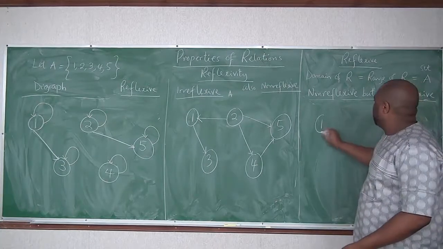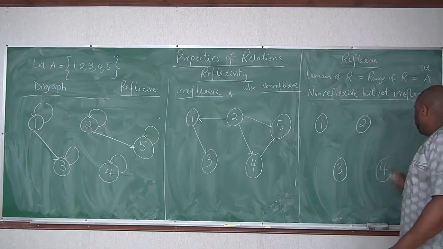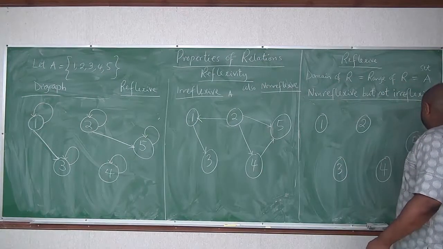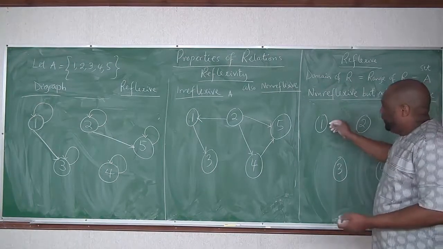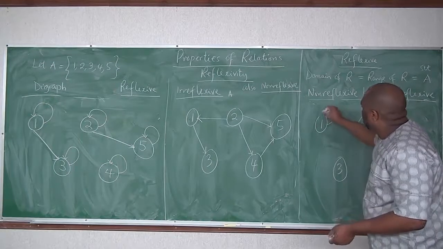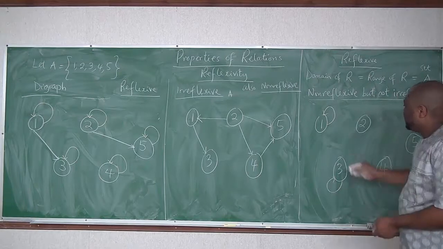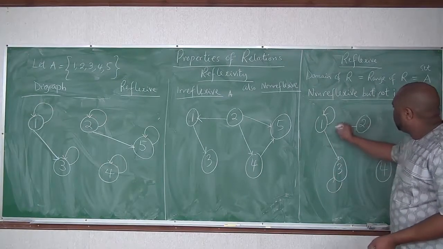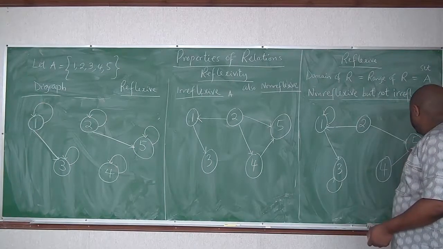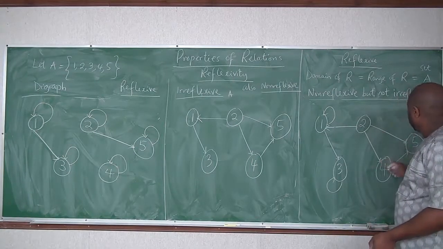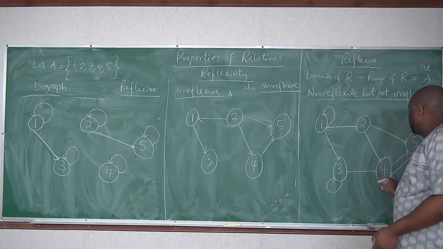If we have 1, 2, 3, 4, 5, maybe there is a loop in 1, and also a loop in 3, and the rest probably do not. 2 relates to 1, 2 relates to 5, 4 relates to 5, 2 relates to 4, 5 relates to 4, 3 relates to 4, 4 relates to 3.